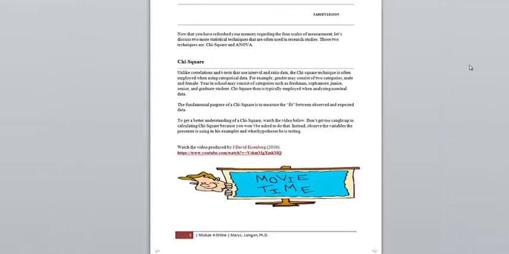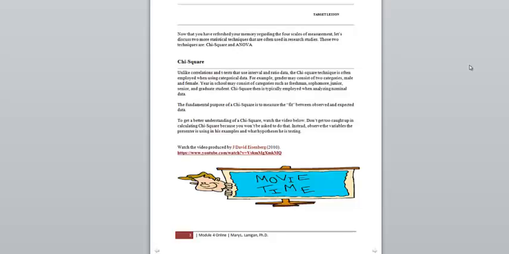So now we're on page 3 of the workbook, and we're going to get into the 2 techniques that are part of our main lesson, starting with the chi-square. Now, unlike correlations and t-tests that you learned in Module 2 that used interval and ratio data, here the chi-square technique often employs categorical data, so that's nominal data.